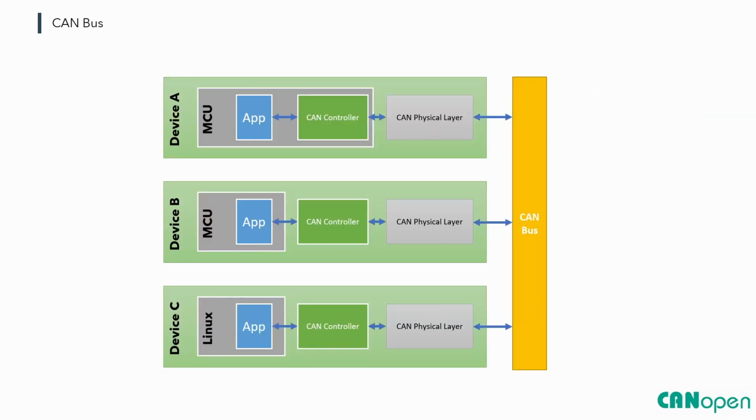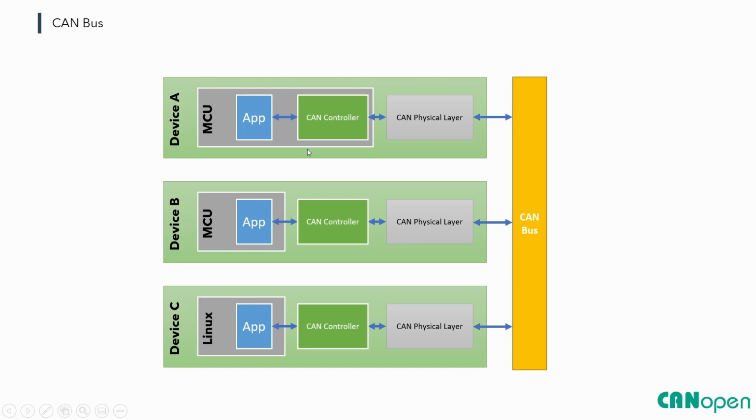So in general terms, a device that is using CAN can have these types of architecture. Let's say this is the PCB of a device A, and it has an MCU or microcontroller.